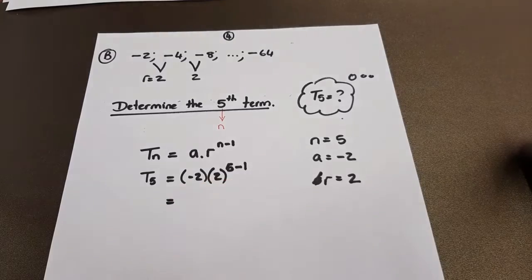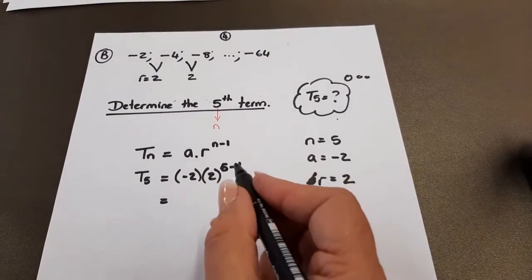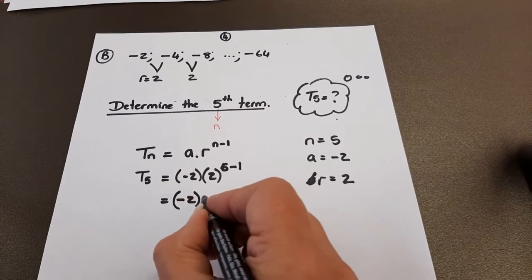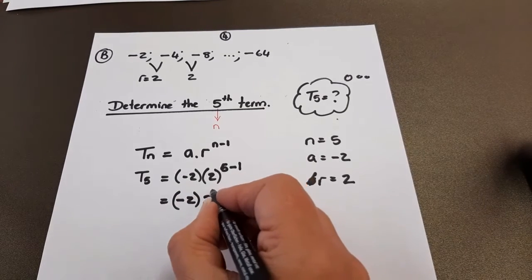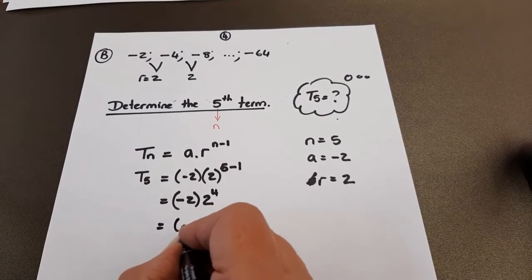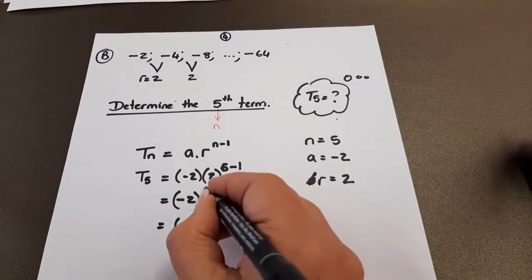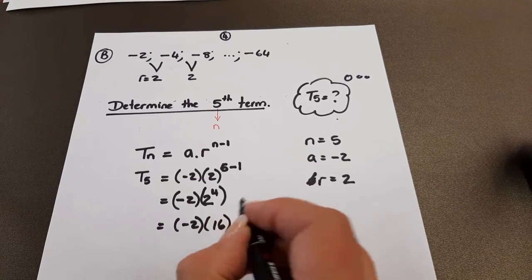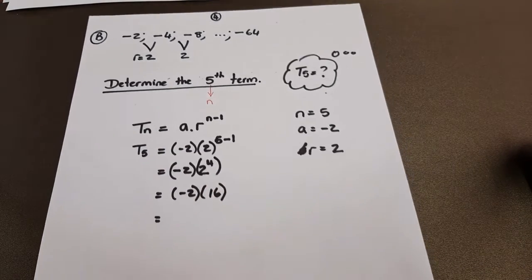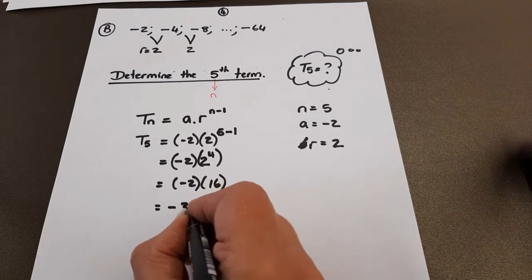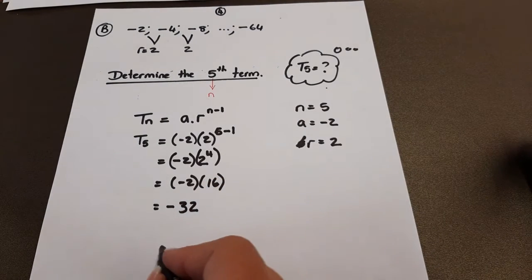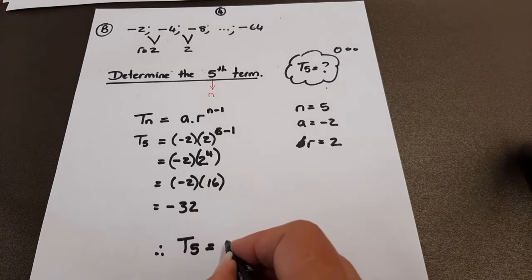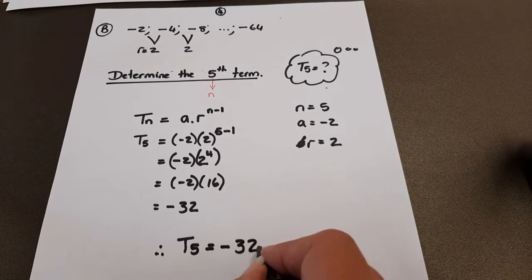Now it's a common equation, minus 2 times 2 to the power of 4. So it's minus 2 times 16. And minus 2 times 16 will give you minus 32. Therefore, term 5 has a value of negative 32.